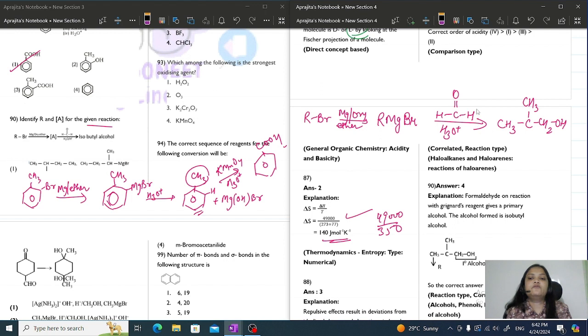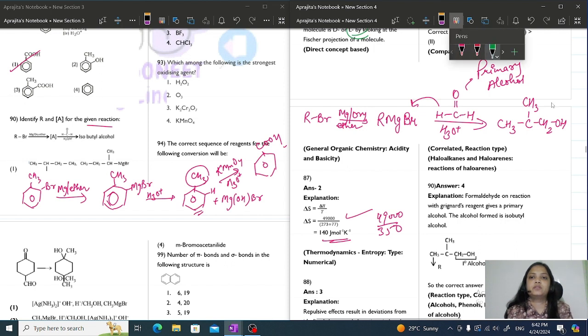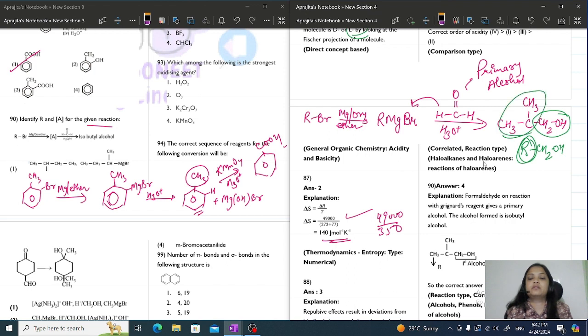We know that formaldehyde on reaction with a Grignard reagent gives a primary alcohol. So this CH2OH group is coming from the formaldehyde, which means we will get RCH2OH. So this R group is this.